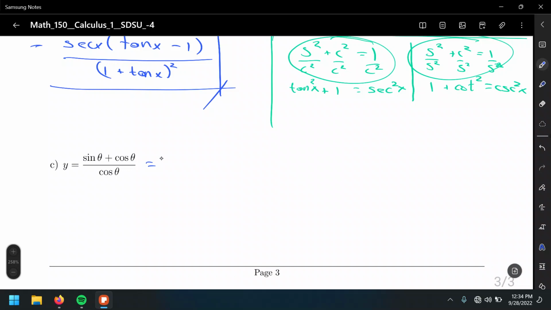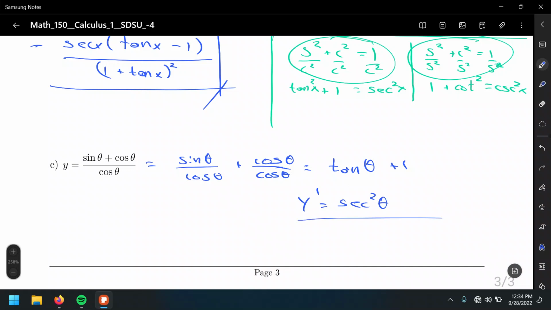It's not incorrect, but this is sine over cosine plus cosine over cosine. What's sine over cosine? Tangent. And cosine over cosine? That's 1. Well, what's the derivative of tangent? Isn't that secant squared? And what's the derivative of 1? 0. We're done.